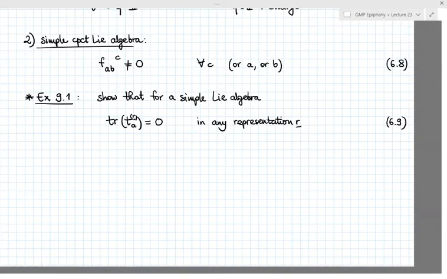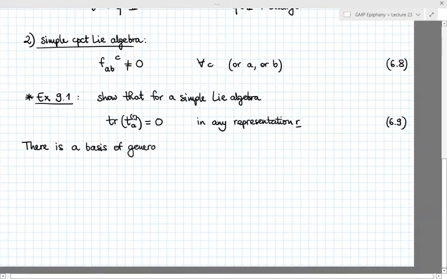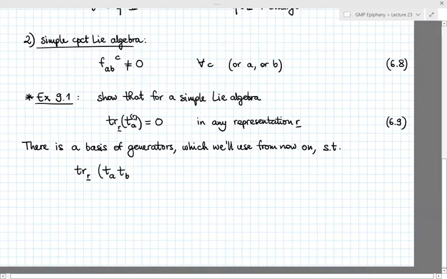Then I claim, and please accept this claim, that there exists a basis of generators which we'll use from now on, such that we can take now the trace in a representation R, say of T^A T^B, the product of two generators. In this basis, this trace of T^A T^B is symmetric.